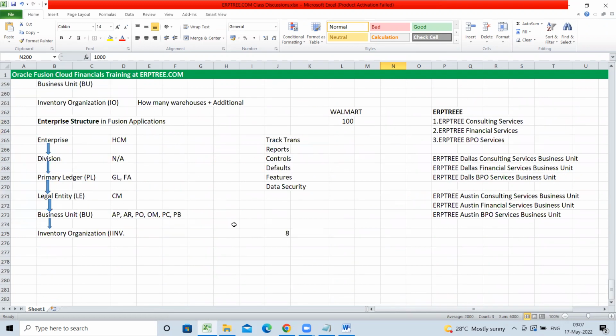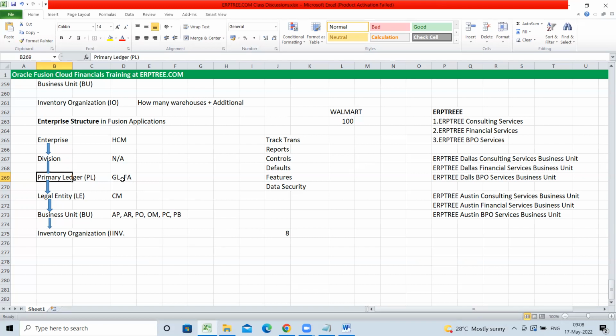Primary ledger, we say, will map to GL and FA. So is there a provision of making a direct adjustment into GL, or would it be at the BU level, as in you have to make adjustments into the subledgers or AP/AR level?